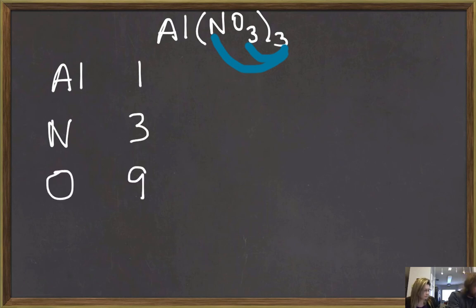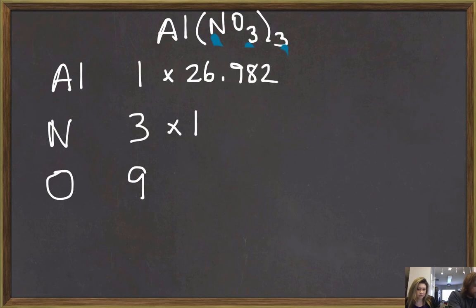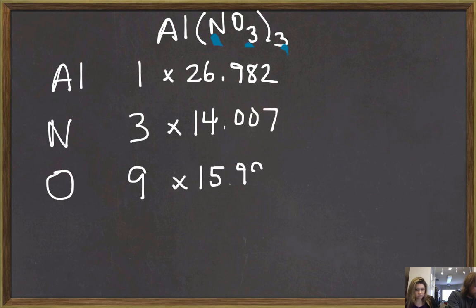Very, very important. All right, let me erase this here so I can have more room. 1 aluminum on the periodic table weighs 26.982 grams. Nitrogens we know are 14.007. And oxygens, again, 15.999.